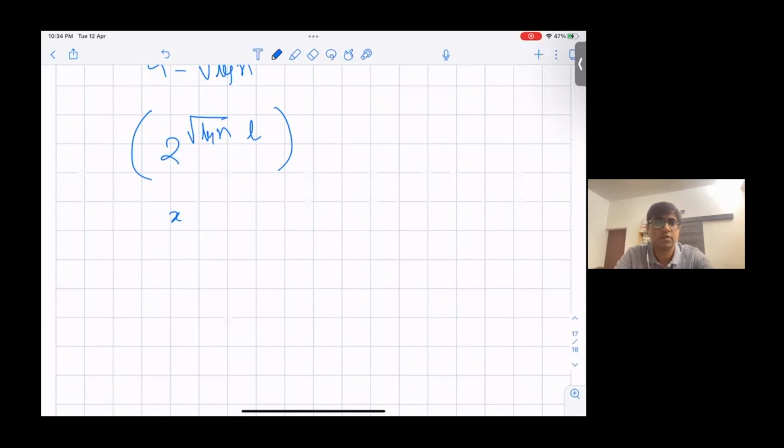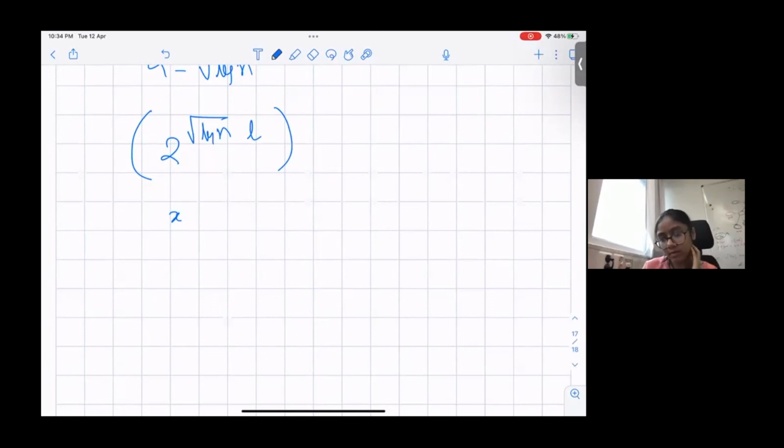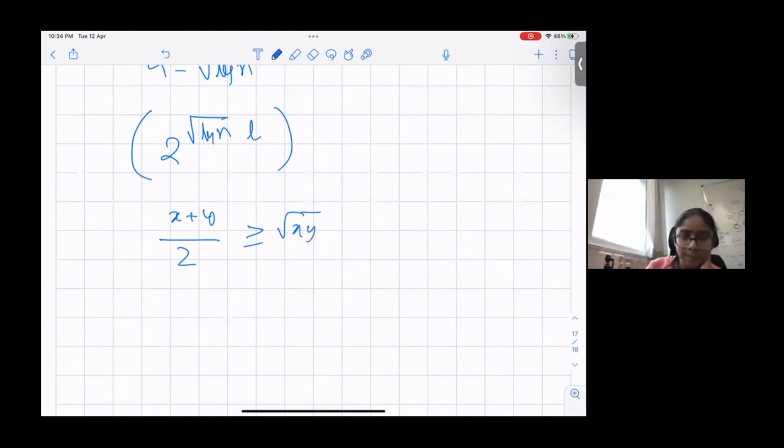AM is less equal to GM. Arithmetic mean is less equal to geometric mean. No, it's greater than equal. If I recall correctly, it is this: (x plus y) by 2 is greater than or equal to square root of xy. Yeah. Is that correct? Yes. Okay.